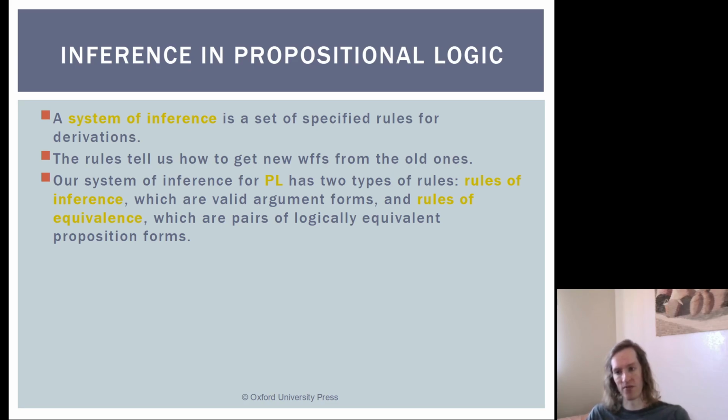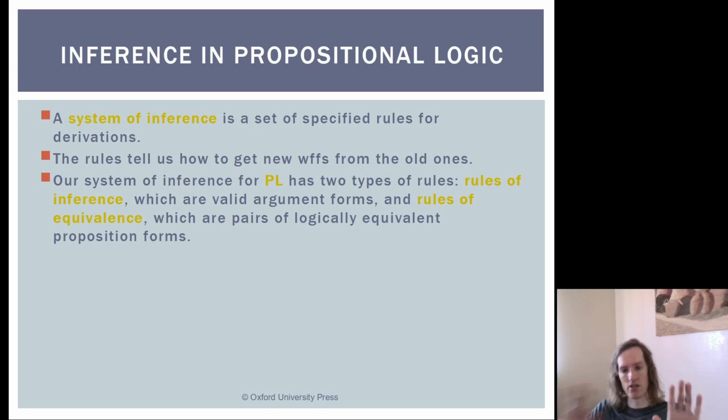First is rules of inference, which is how to get from one thing to another, valid argument forms, and rules of equivalence, which is also in some sense going from one thing to another. But a rule of equivalence is going to be a way to substitute a well-formed formula with another well-formed formula that is logically equivalent to it.